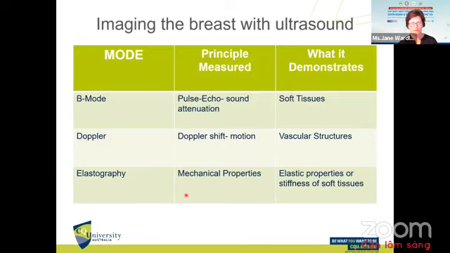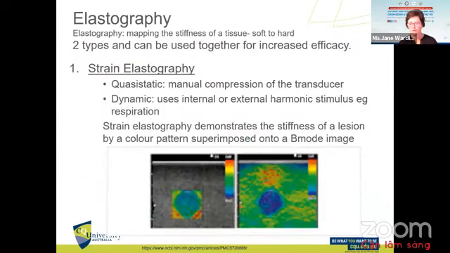And elastography measures the mechanical properties of the mass and tells us whether that mass is hard or more soft. It is becoming a more used tool to evaluate these masses.